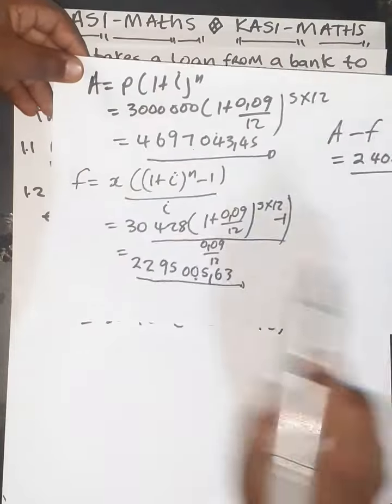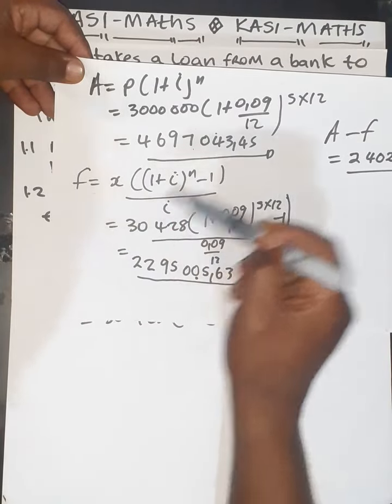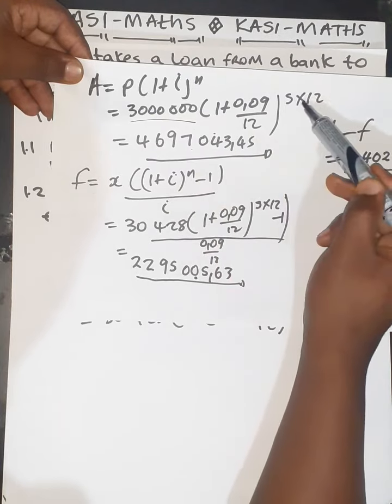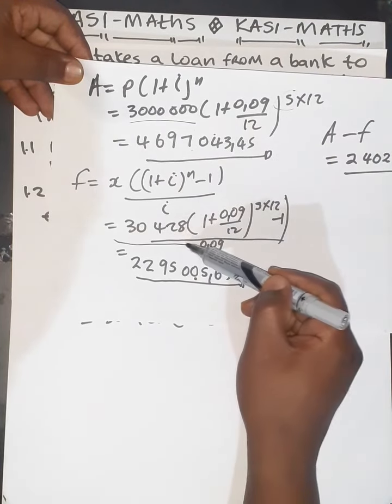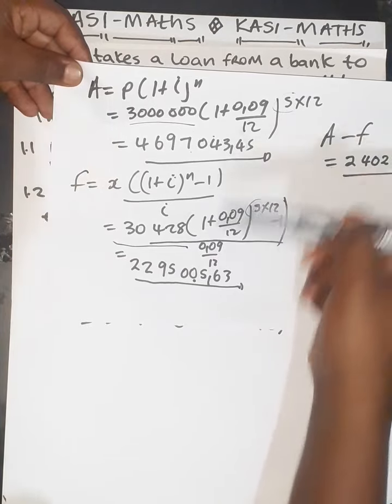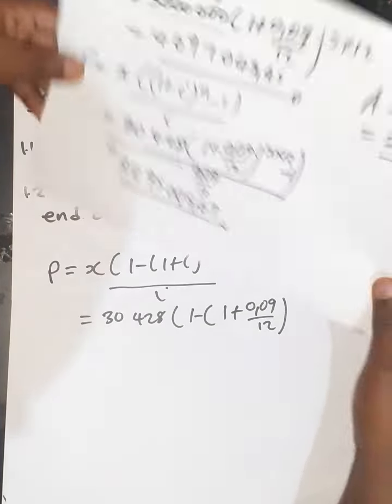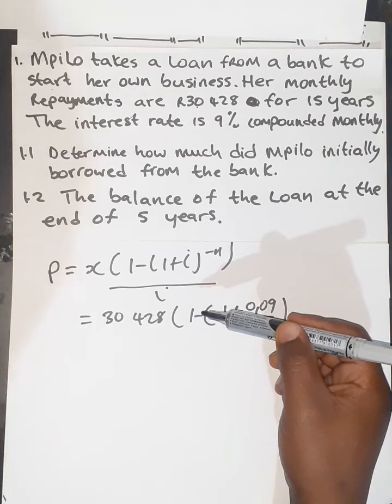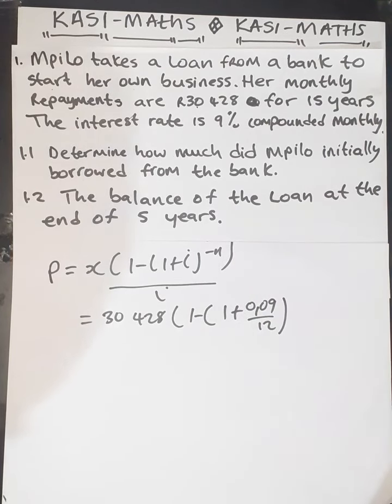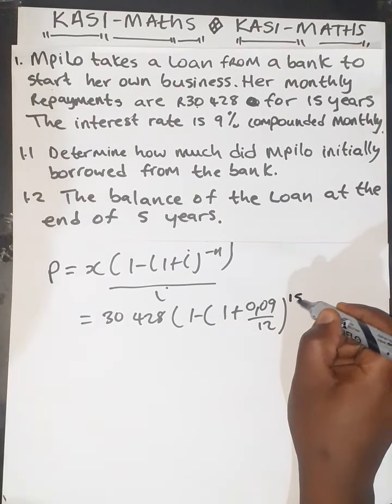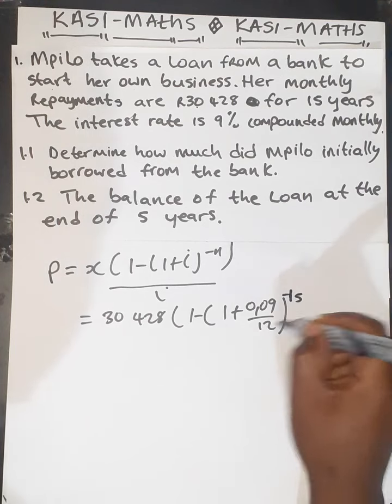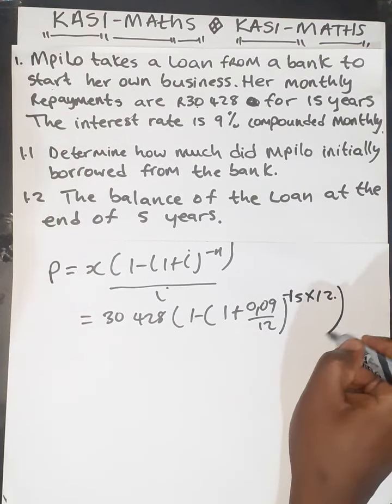The difference is that with the other formula, you grow the payments for 5 years and then find the difference. But with the present value, we're looking for the present value after 5 years, what she still owes. So how many years remain? 15 years remain to be paid. It's compounded monthly, so it is multiplied by 12.